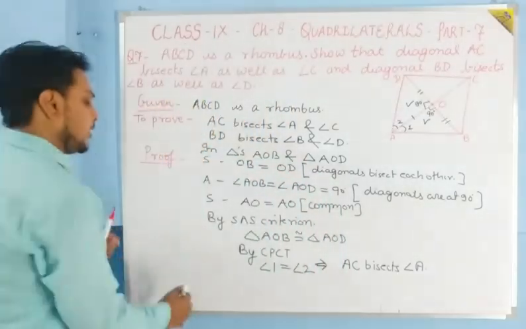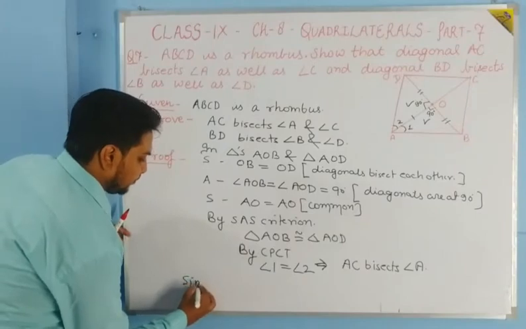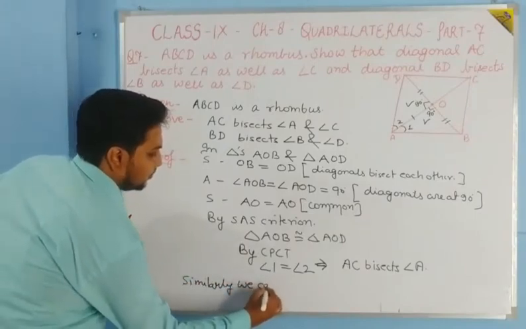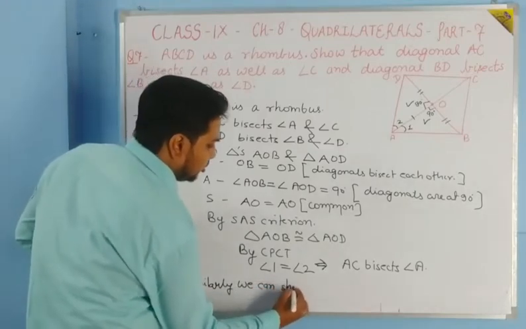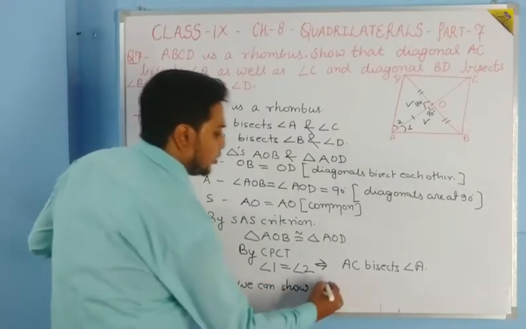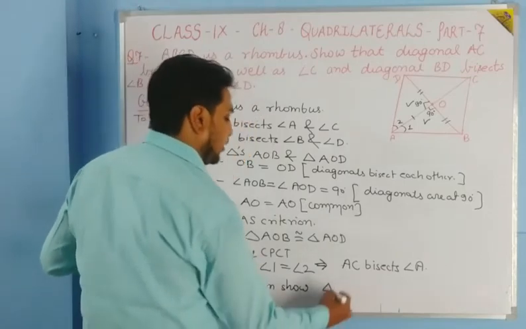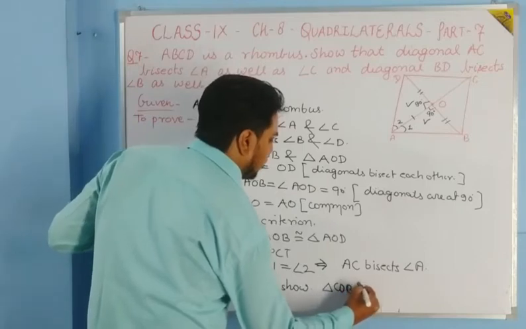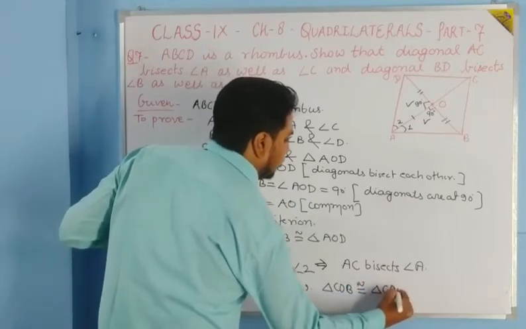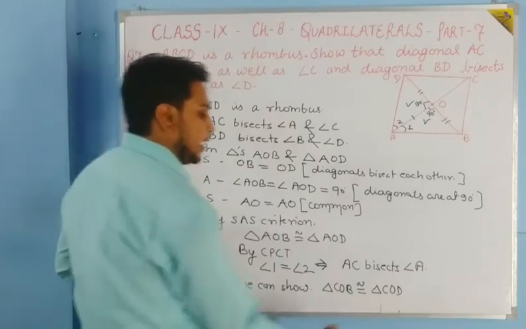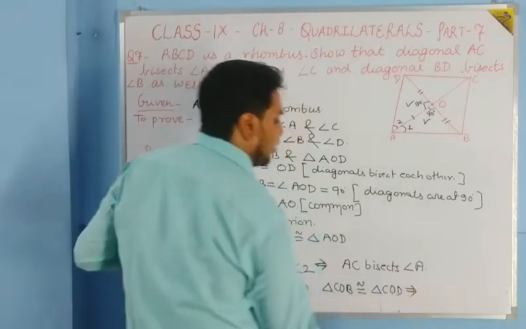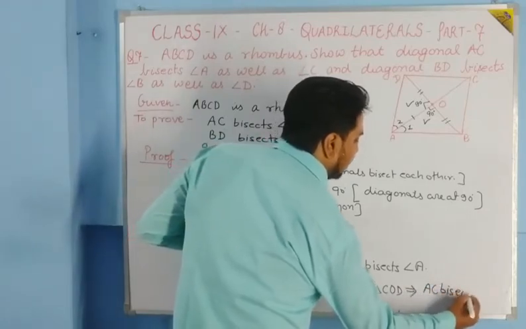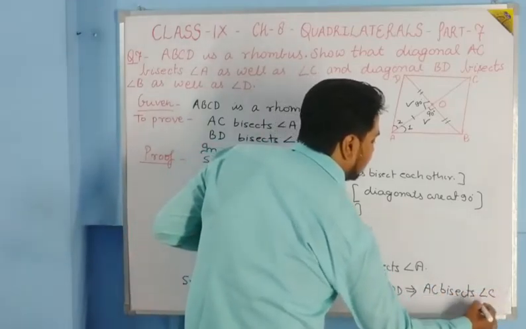So here we will write similarly, we can show that triangle COB is congruent to triangle COD. And from here we can show that AC bisects angle C also.